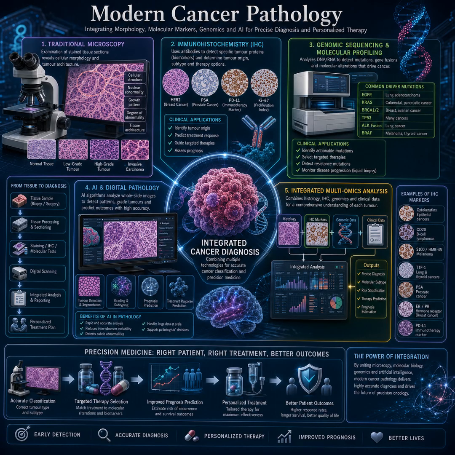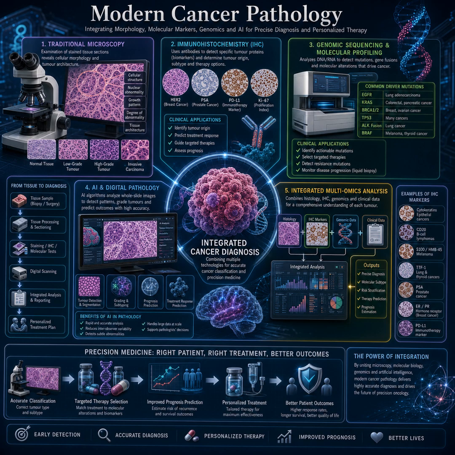Modern pathology extends even further by analyzing the tumor's DNA and RNA through genomic sequencing and molecular profiling. Instead of examining proteins, these technologies search directly for genetic mutations, gene fusions, and molecular alterations responsible for driving cancer growth. Some mutations have become essential therapeutic targets.